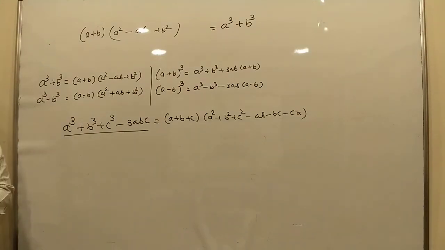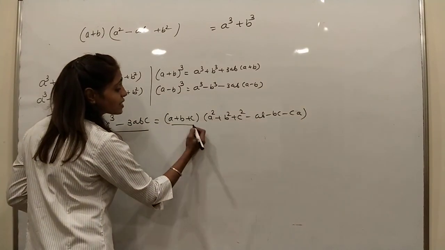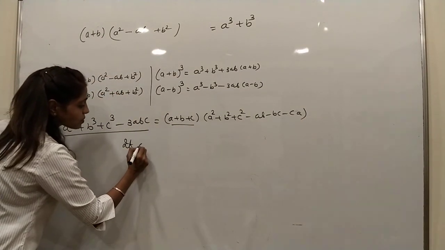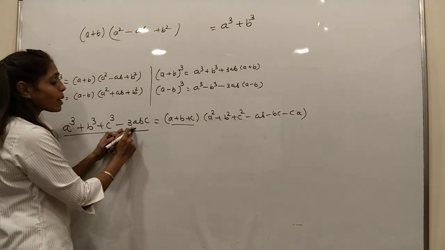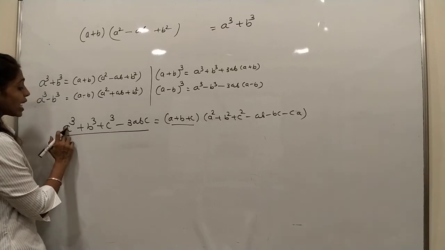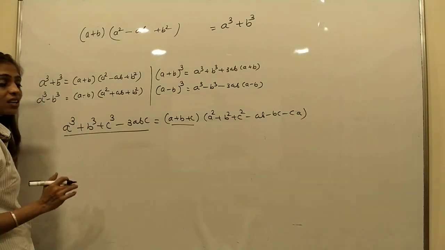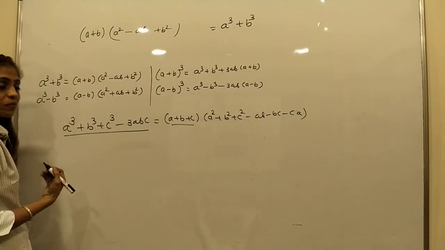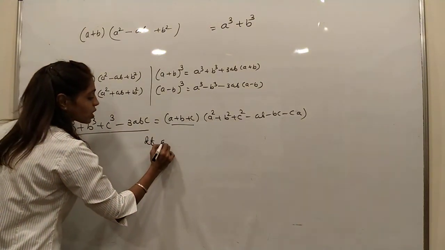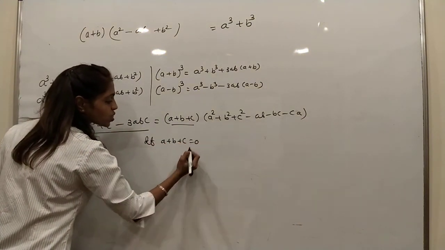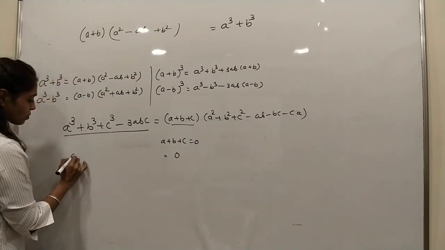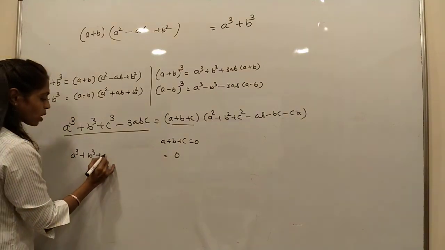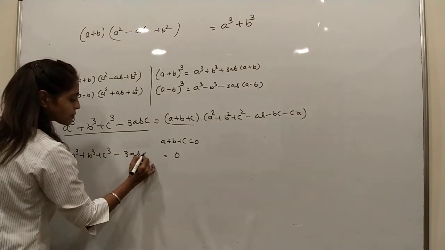And some important result is when a plus b plus c is 0. It is only the formula of a cube plus b cube plus c cube minus 3abc, not only a cube b cube c cube. 3abc has to come completely at the back. But when a plus b plus c equal to 0, let's put 0 here. 0 times the bracket a cube plus b cube plus c cube minus 3abc.